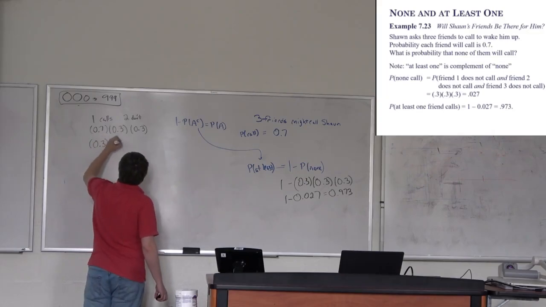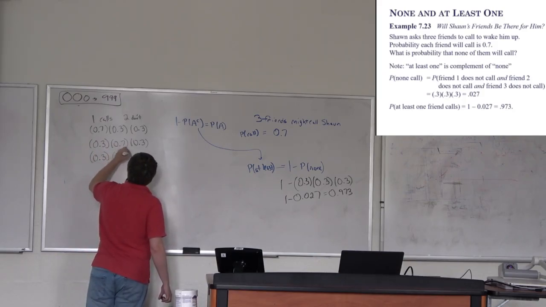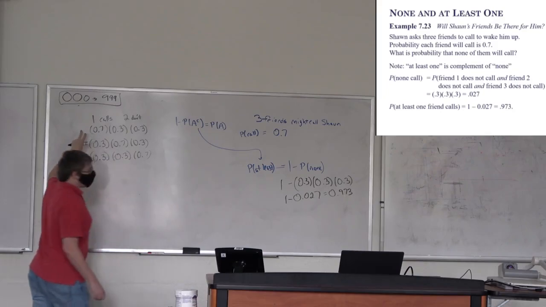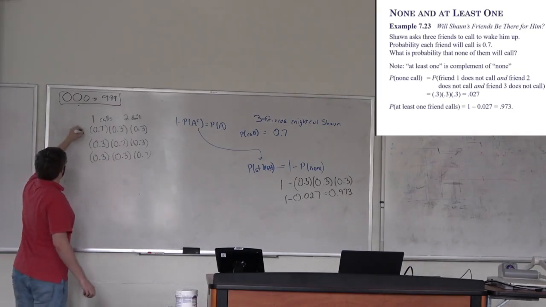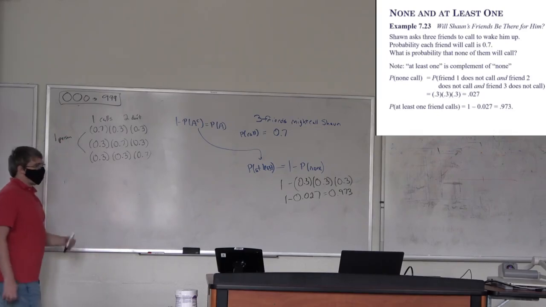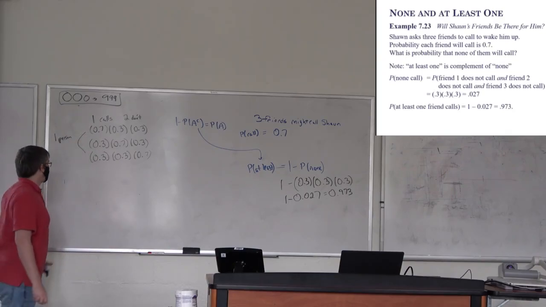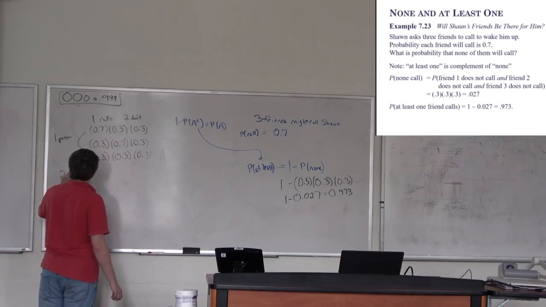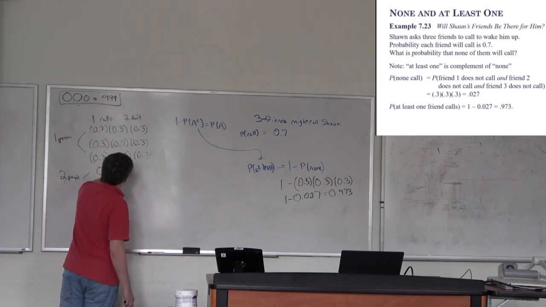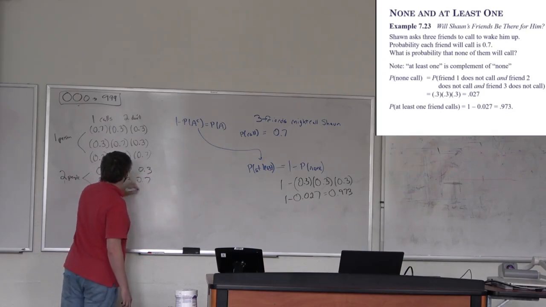This is the scenario where 1 person calls, and you have to think about the combinations with it. There are 3 combinations with that. You could think about 2 people, where you would have 0.7, 0.7, 0.3, and there are also 3 ways to permute this.